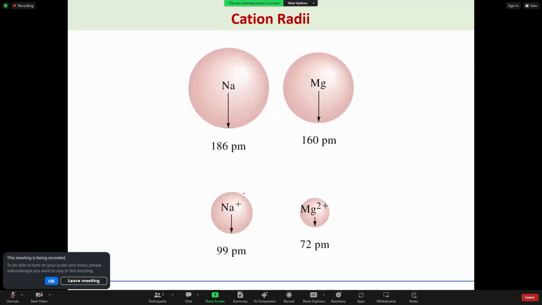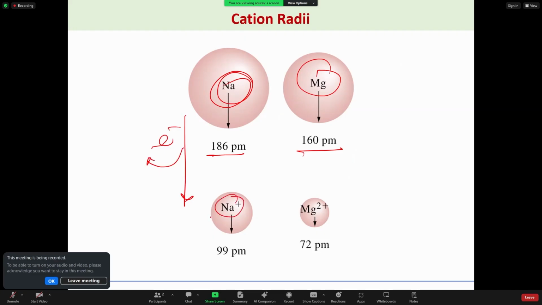Now for the cations, for sodium it is 186 pm, and for magnesium it is 160 pm. When one electron is removed, it forms sodium plus. When two electrons are removed, it forms magnesium plus 2. When electrons are removed, the electron repulsion decreases.